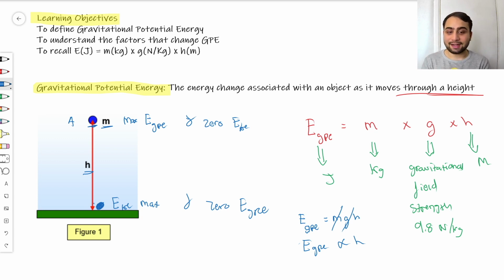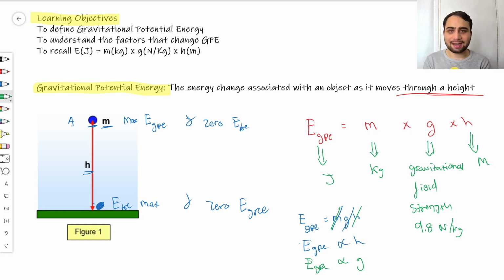Now, if I had a constant height and a constant mass, but my planet was changed, I would get E directly proportional to g. So if I double my gravitational field strength, so if I go to a planet twice the size of the Earth, ish, that's not a real direct figure, I would get twice the gravitational potential energy.